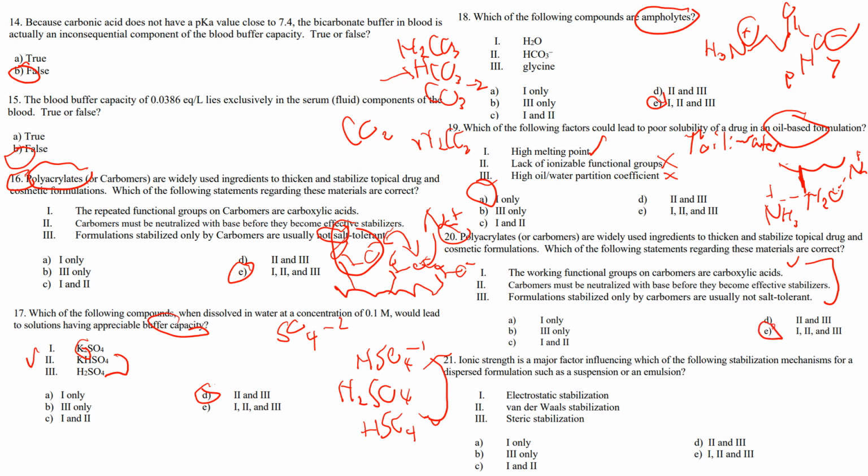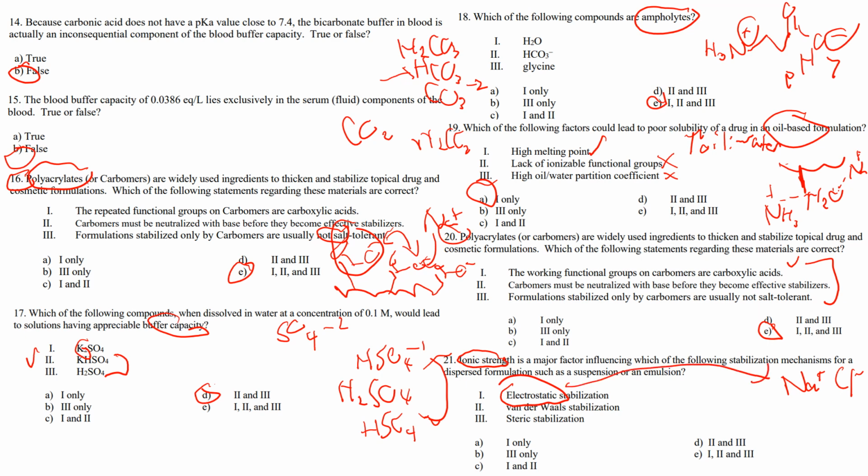Boom. And then for 21, ionic strength is a major factor in influencing which of the following stabilization mechanisms. This is something you kind of just have to memorize, but you can get it from the name. Ionic strength, right? When I think of ionic, I think of things like sodium chloride, those plus and minus charges coming together. If you see something like electrostatic, then that stands to reason.